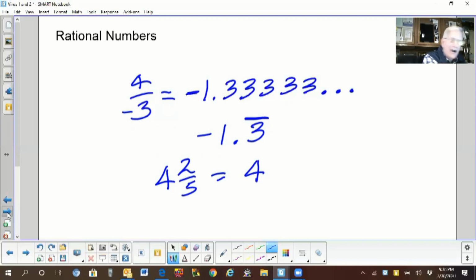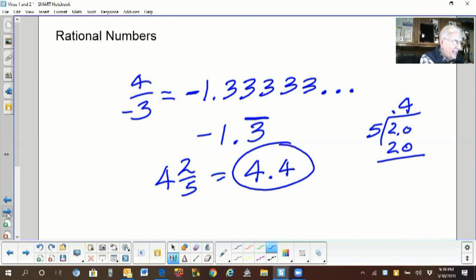If you divide 5 into 2, you will get 0.4, and it doesn't go anywhere else. It's just 0.4. If you divide 5 into 2, it goes exactly 0.4 times, okay? So this decimal has what? It has terminated. So how I usually have you show that on a test is, if I ask you on the test, which you know I'm going to, what is the decimal behavior that occurs when you take a rational number and convert it to a decimal?